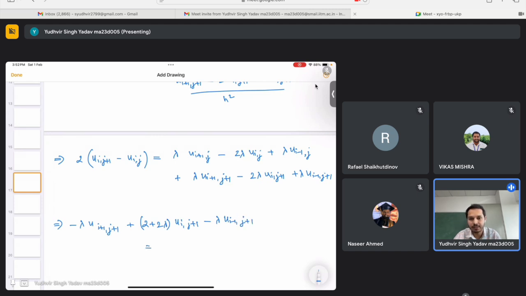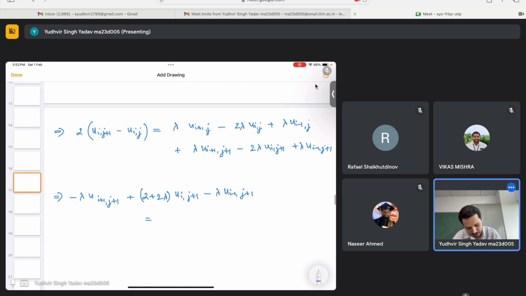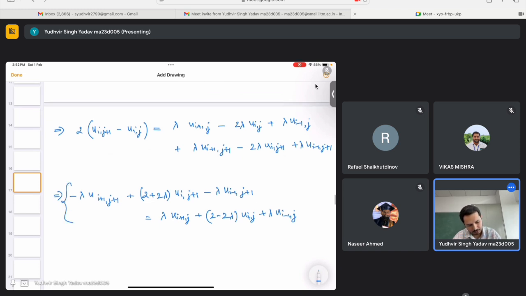Whereas on the right hand side, we will be left with lambda times u i, only the jth level terms. So it will be 2 minus 2 lambda u i j plus lambda times u i minus 1 j. So this is our Crank-Nicolson scheme.